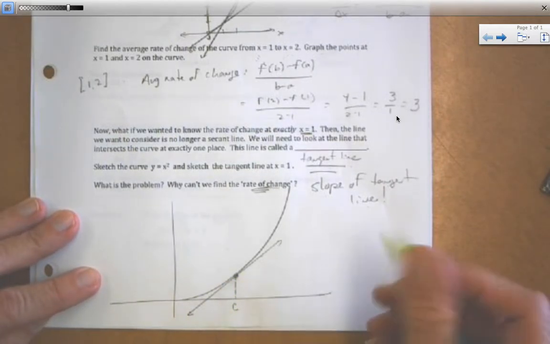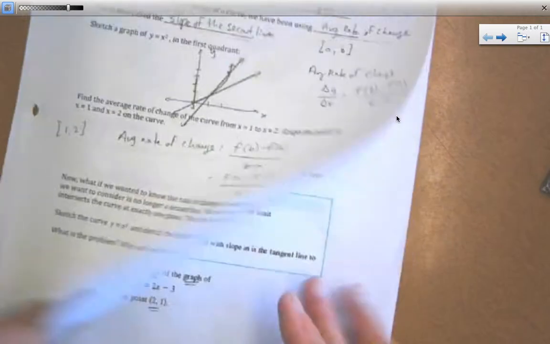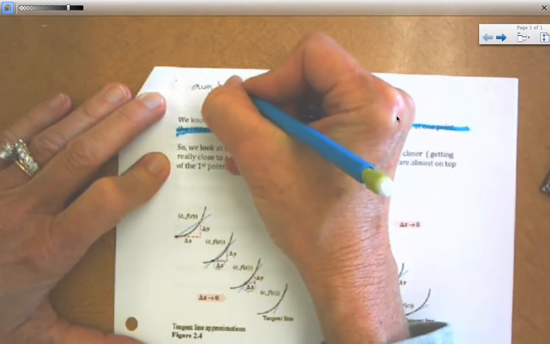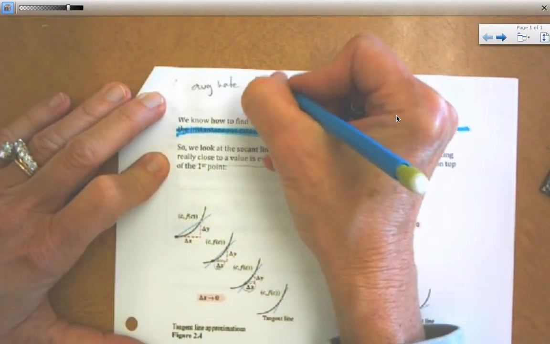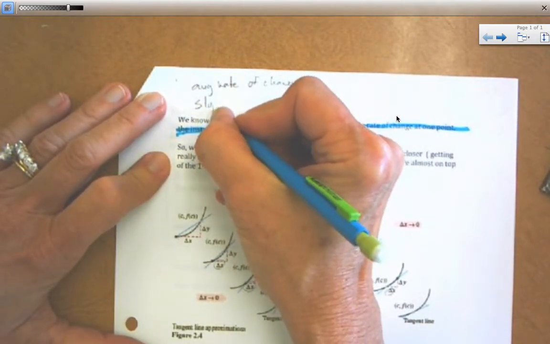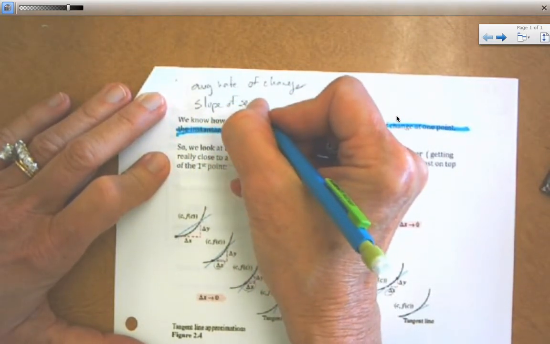Usually that's called C. So when we want to talk about the average rate of change, then that is the slope of the secant line.